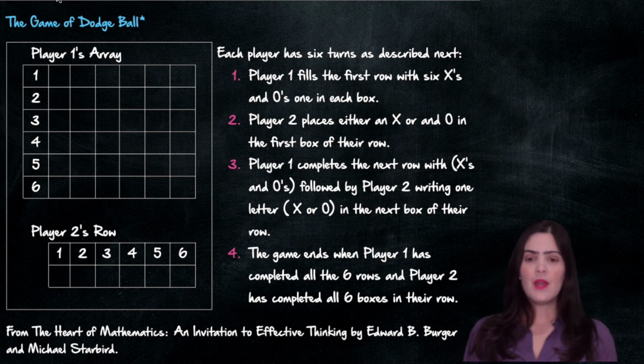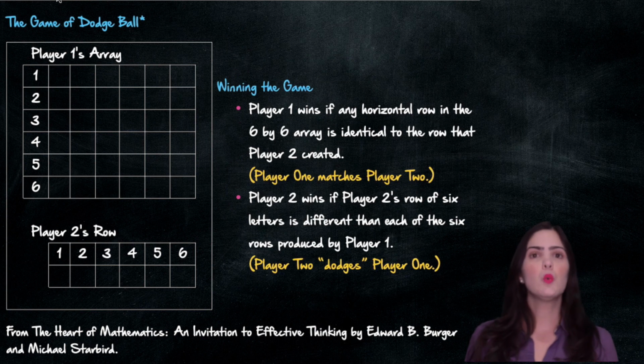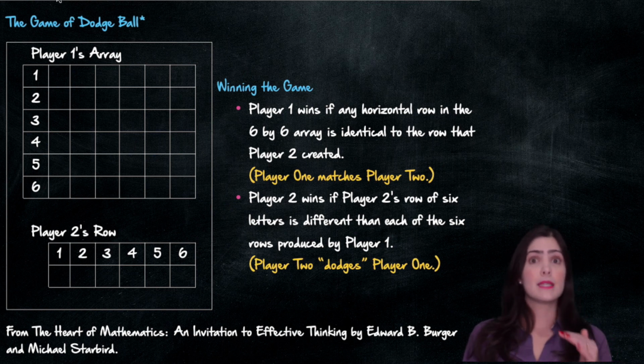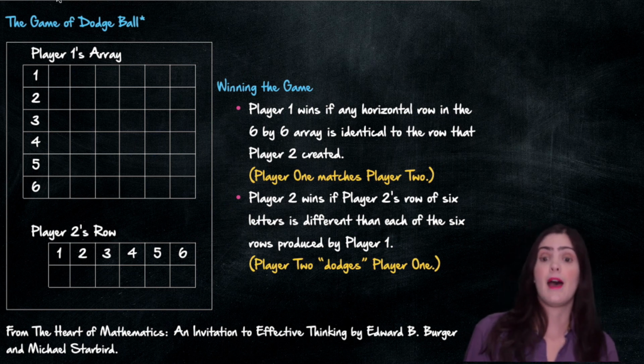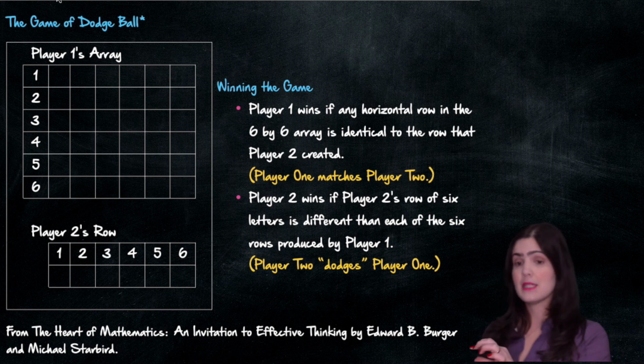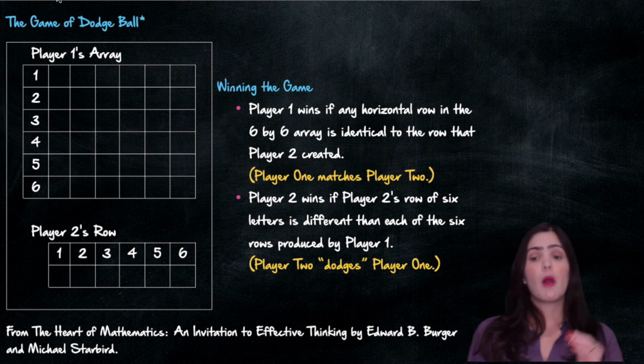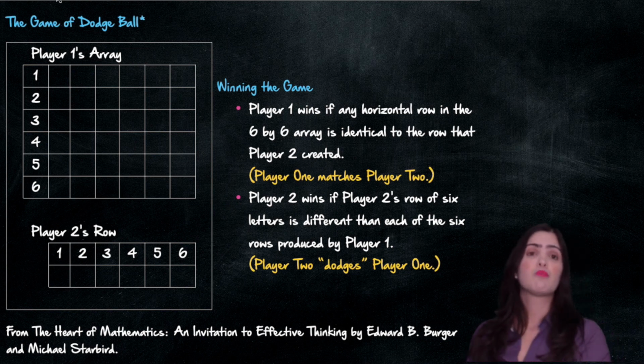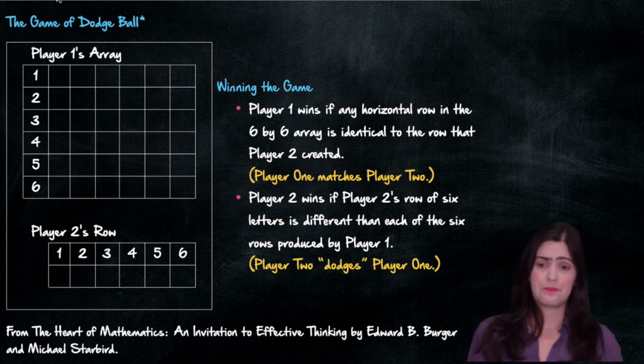Okay, so now that we have this, how do we decide who wins the game? Well, player 1 is going to win if any horizontal row in the 6 by 6 array that they have is identical to the row that player 2 created. So player 1 matches player 2. Now, player 2 will win if player 2's row, all the 6 letters, is different from each of the 6 rows produced by player 1.